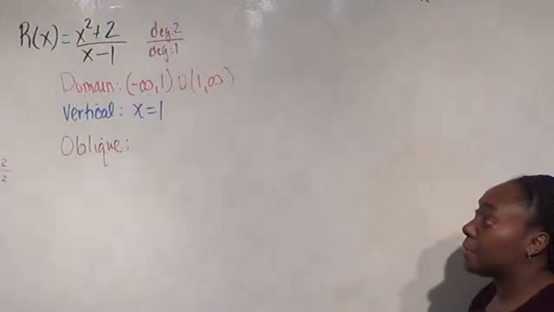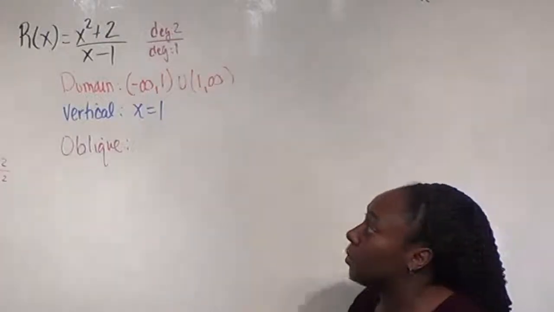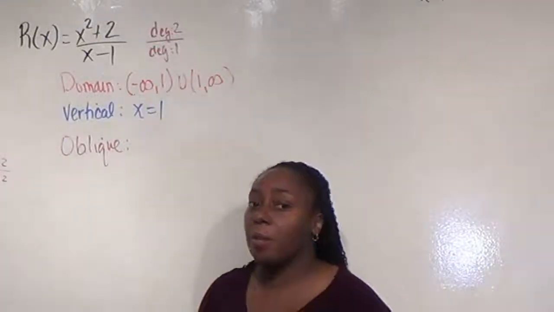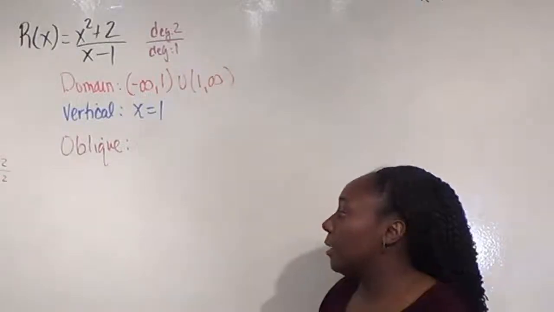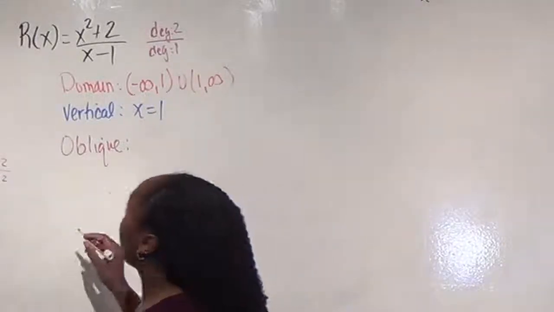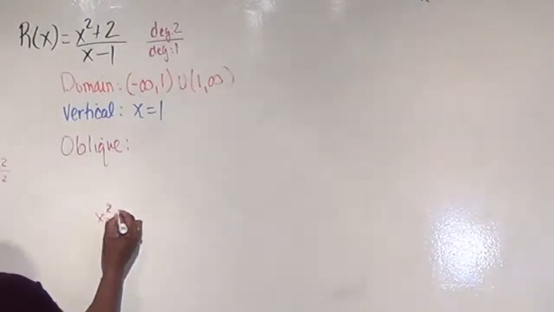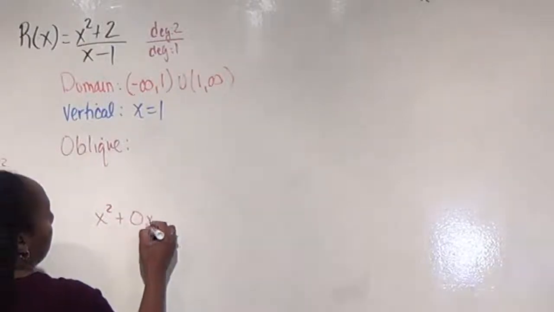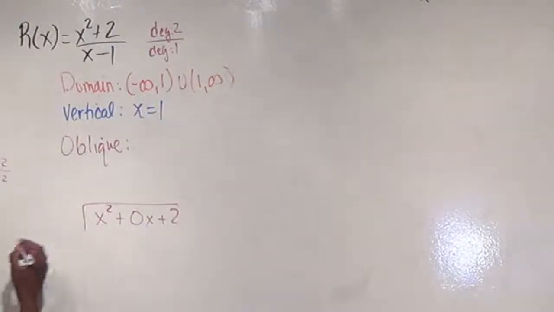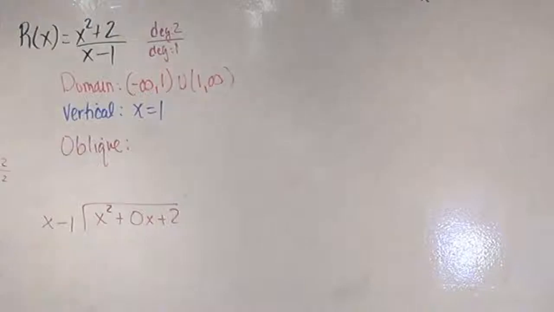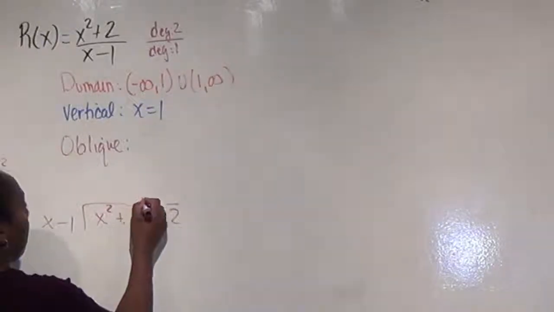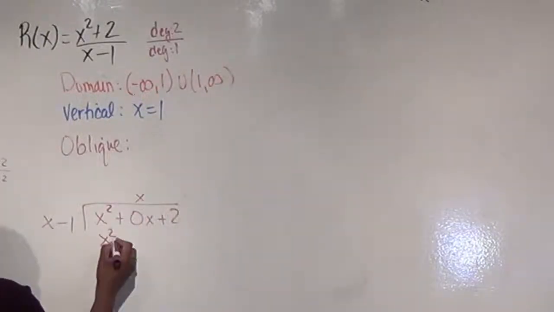To figure out what that oblique asymptote is, I need to divide out the polynomial and find the quotient. So I'm going to take my x squared plus 2 and divide by my x minus 1. If you want to use synthetic division, that is fine, but I'm going to just do the long division on this.